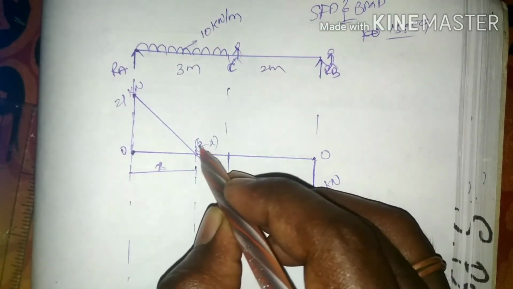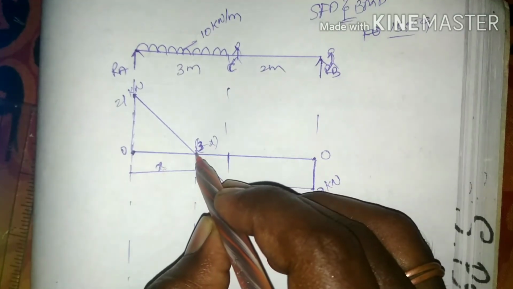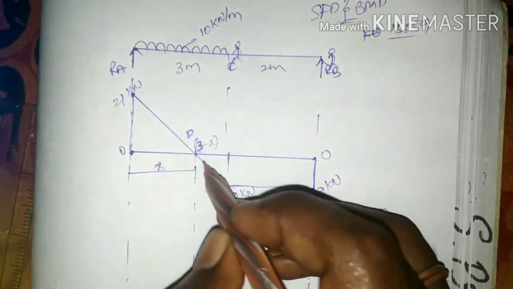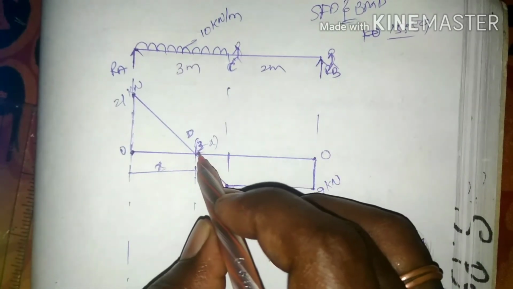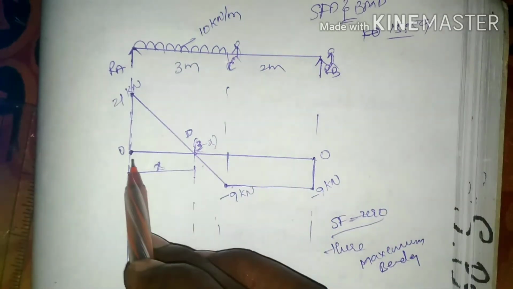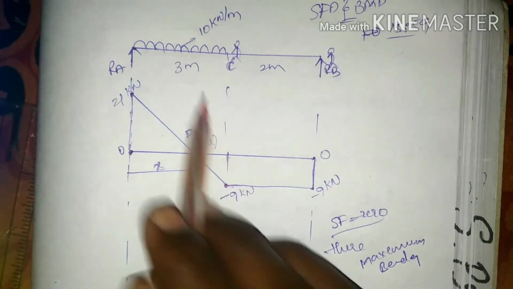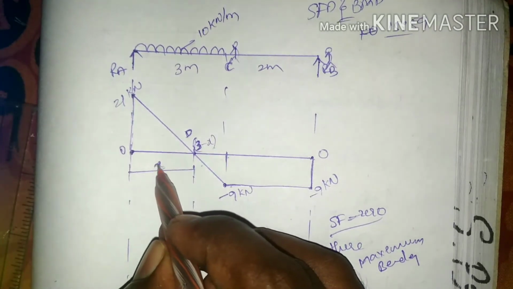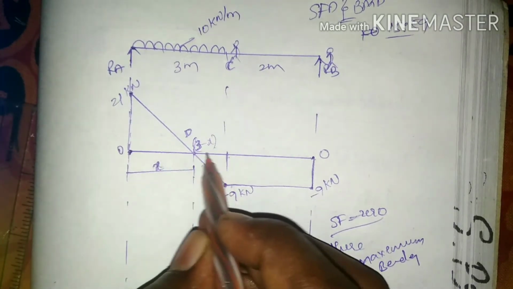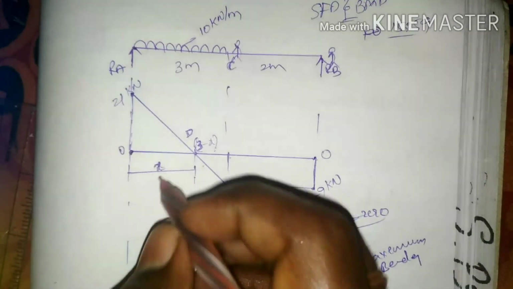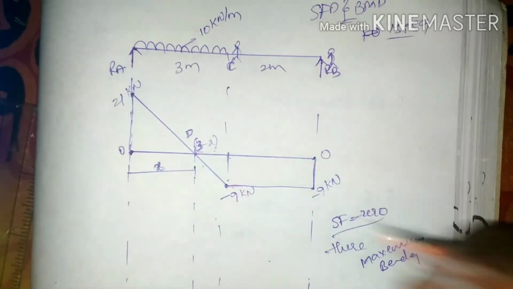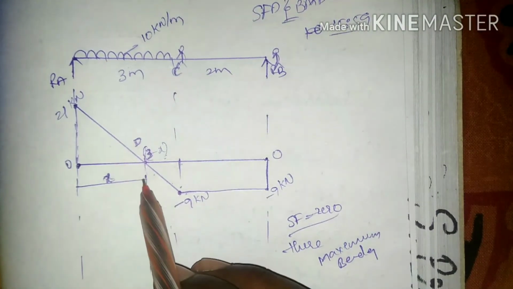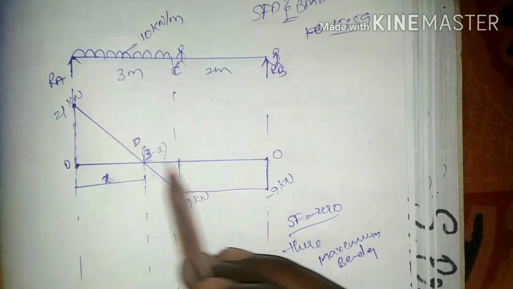Let us plot a point here and consider this as D. From D to C is 3 minus x, because from A to C it is 3 meters. When we consider x meters from A to D, the remaining distance will be 3 minus x. The values are 21 and 9.